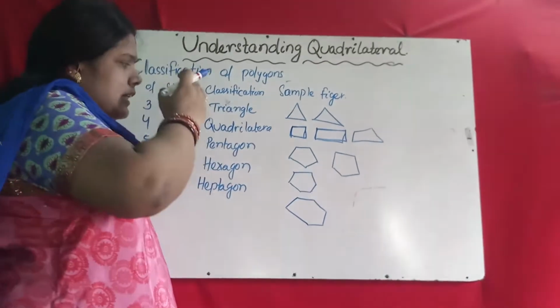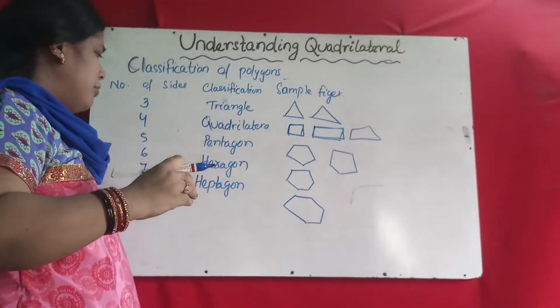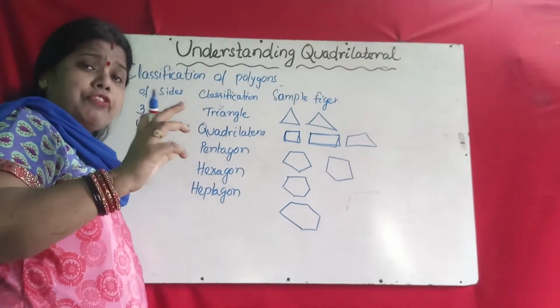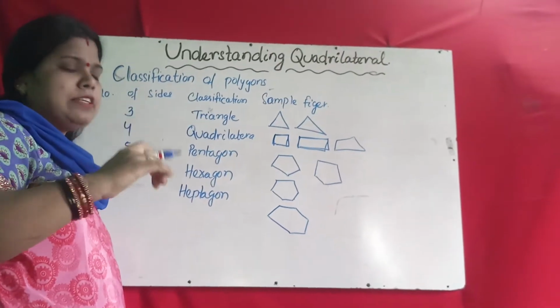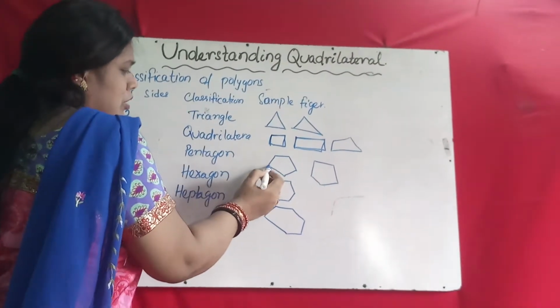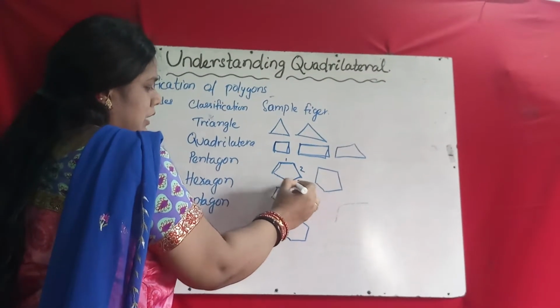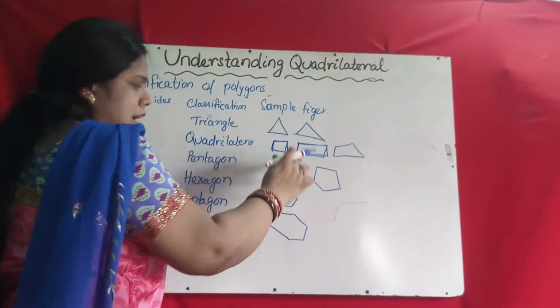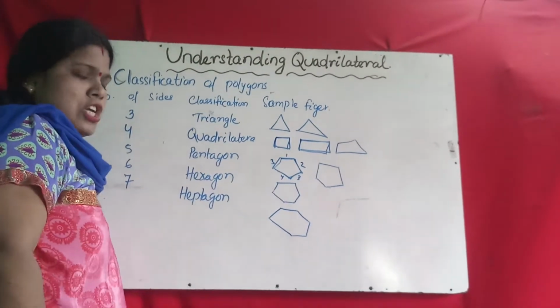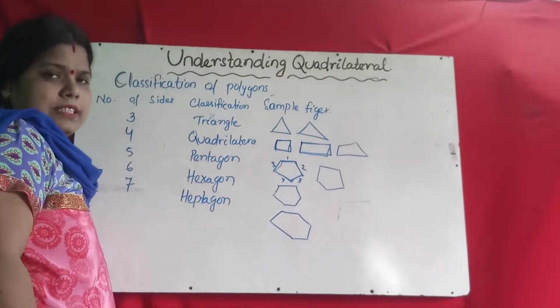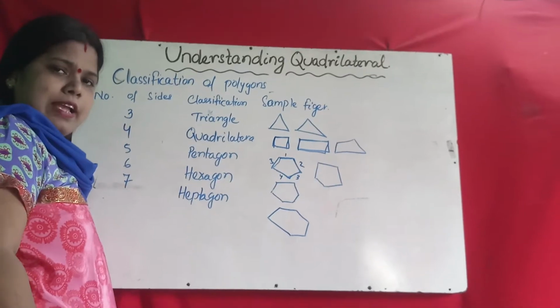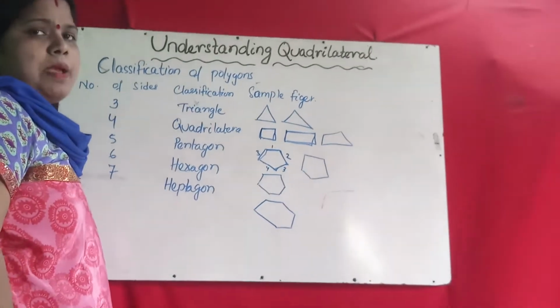Okay, triangle, quadrilateral. If a closed figure has five sides, look, 1, 2, 3, 4, 5, five sides, then it is called a pentagon. If a polygon has five sides, then it is called a pentagon.